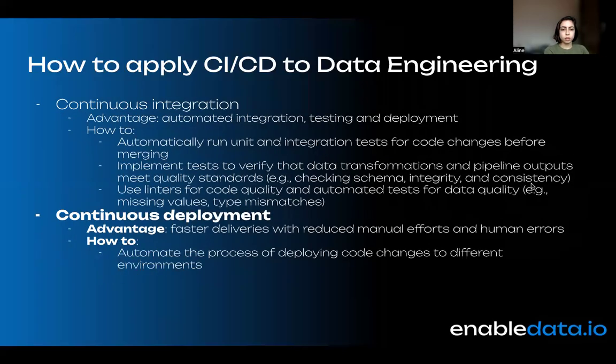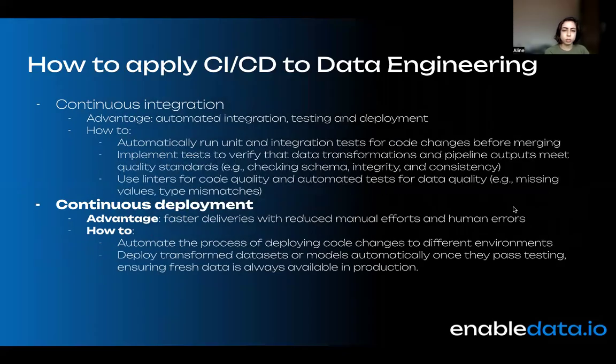So how to actually deploy? You automate the processes of deploying code changes to different environments. You understand your day-to-day, how you really do these code changes, and then you just create an automation to do that. You deploy transformed datasets or models automatically once they pass the testing.